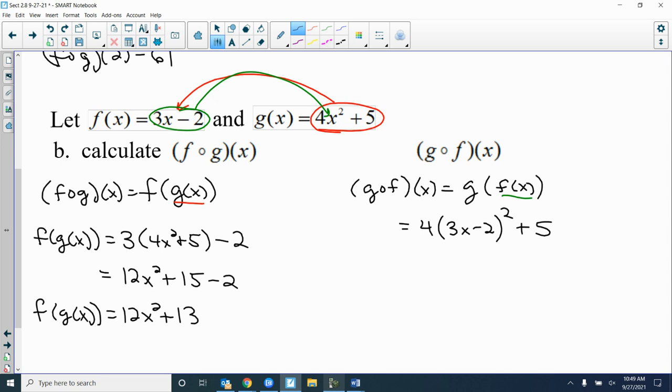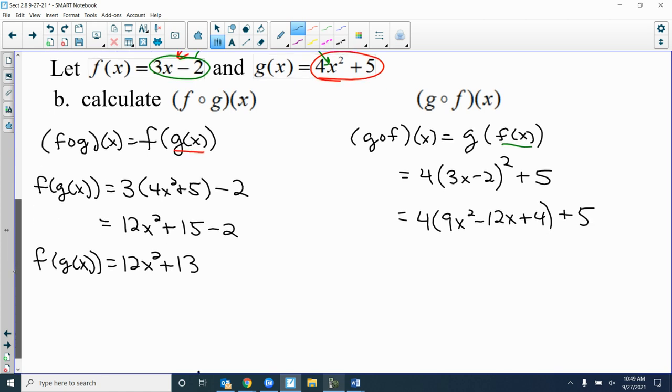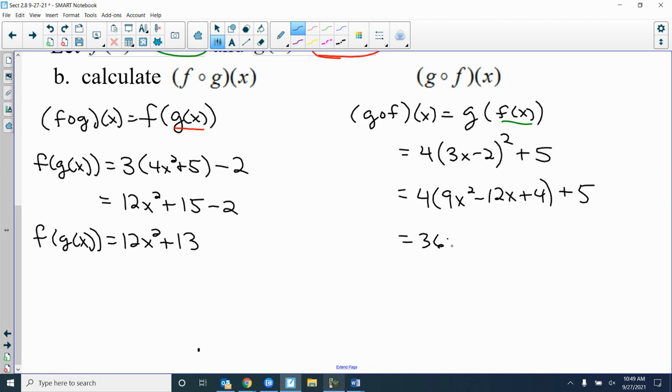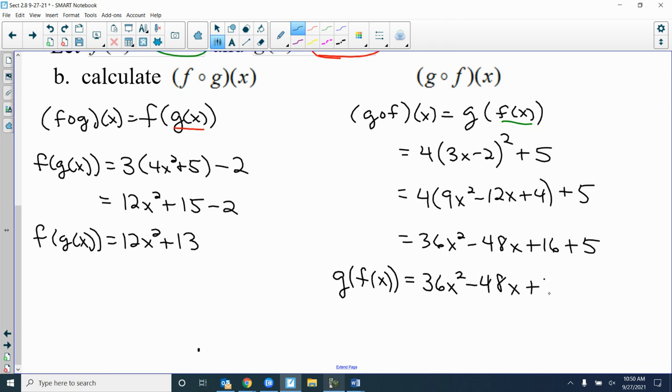Go ahead and FOIL it and then distribute your 4. And we get 4 times 9x squared, and when I'm done FOILing, I get minus 12x plus 4, plus 5. And then I get 36x squared minus 48x plus 16 plus 5. I got minus 48x plus 21.